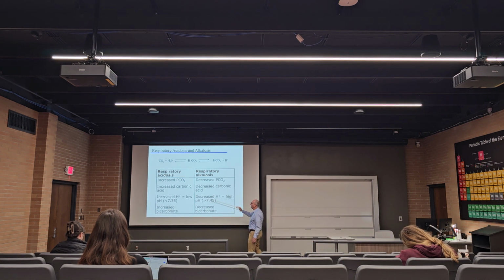And there's an easy way to remember this. Take a look at the CO2 levels and the pH here in respiratory acidosis or alkalosis. The CO2 and the pH are going in opposite directions. But anyway, the CO2 levels are going to be high, our pH is going to be low in respiratory.